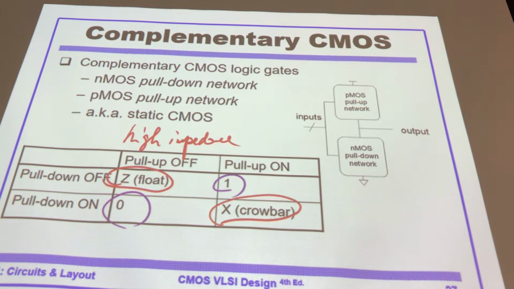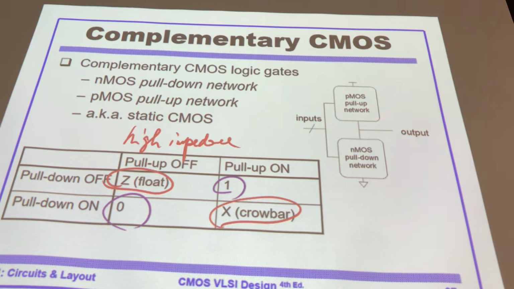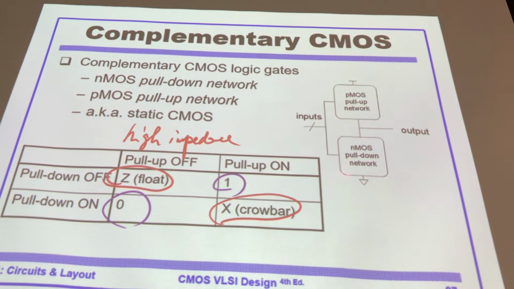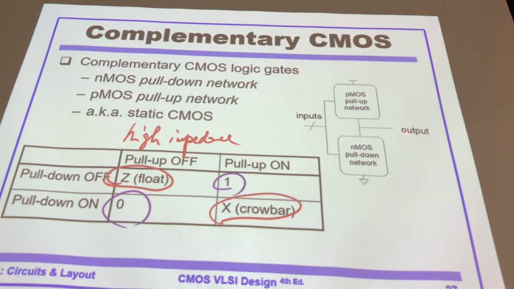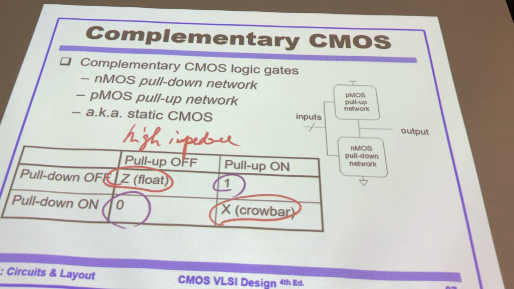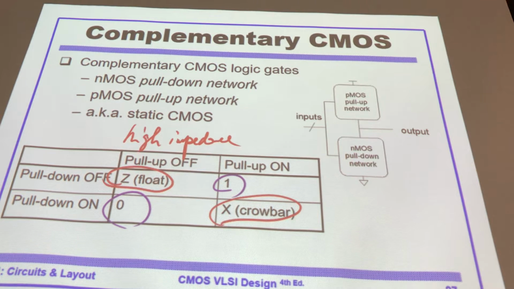Okay? And typically, either the pull up network is on and the pull down network is off, or the pull down network is on and the pull up network is off, such that you're going to get a 1 or 0 in the output, given a specific input. However, it could be possible that the output is floating.